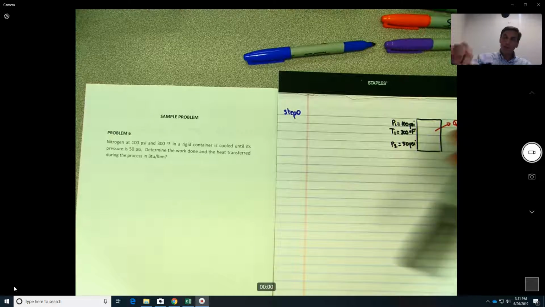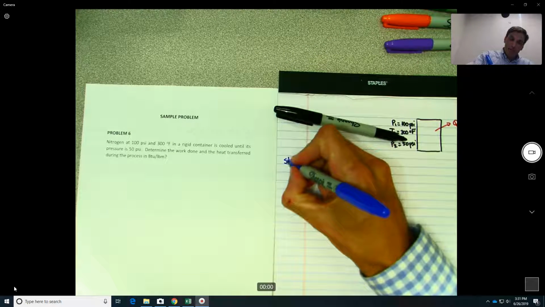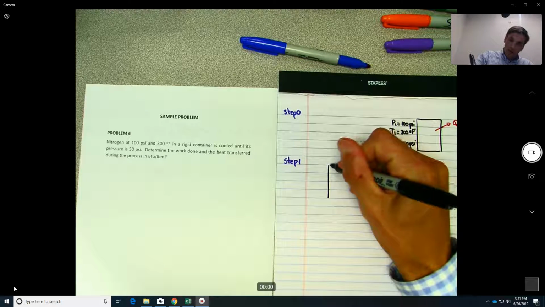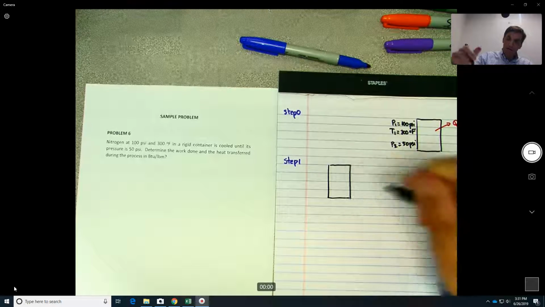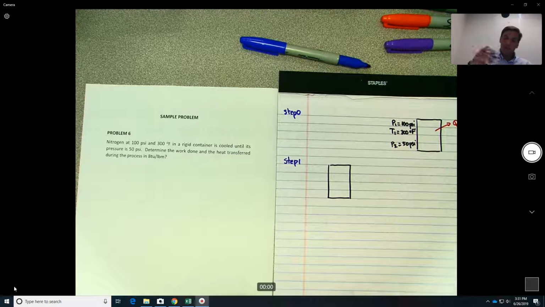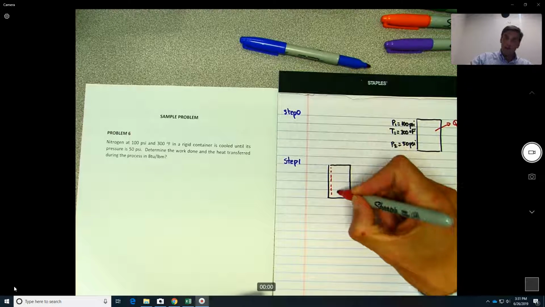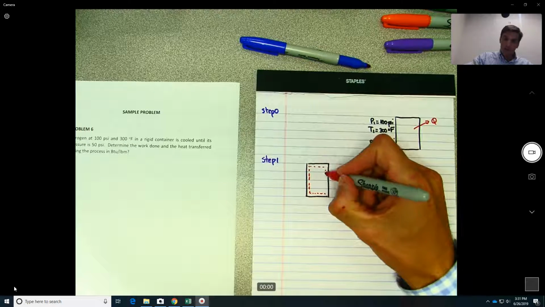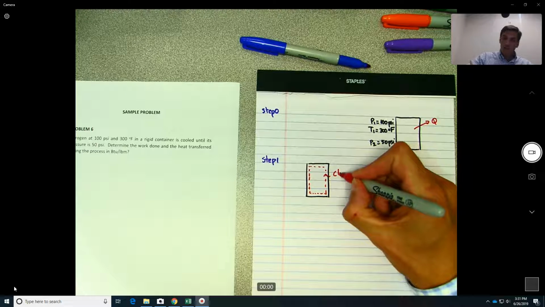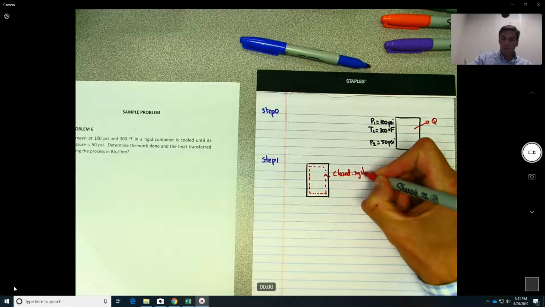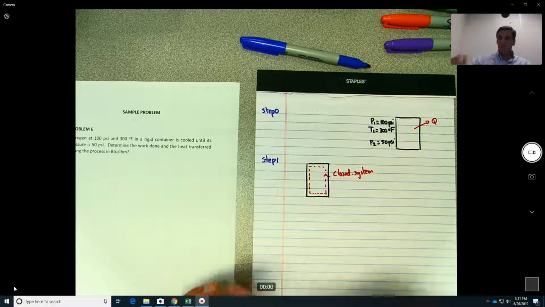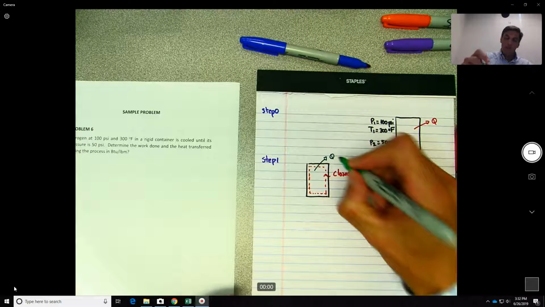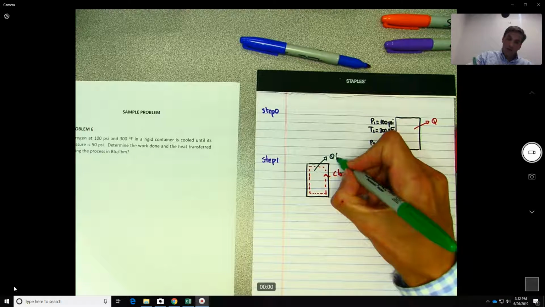Okay, so step 1 will be almost the same over here, but maybe with some additional information. This is our rigid container, so that means that we are dealing with a closed system. In addition to that, there is heat going out, so heat going out will be negative.